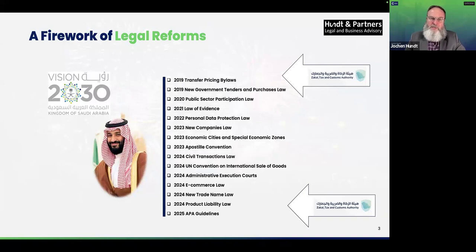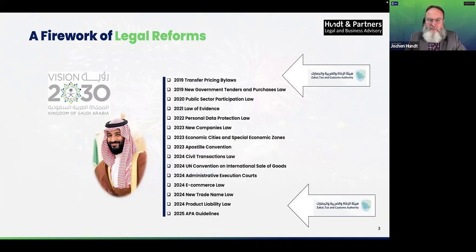So this whole program is basically state-led, but of course market-oriented, and it aims at creating a diverse, competitive, and sustainable economy and society in Saudi Arabia. And it has been all over very well recognized internationally and actually a great success.